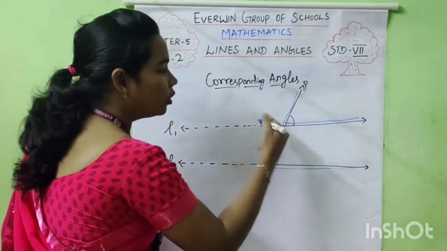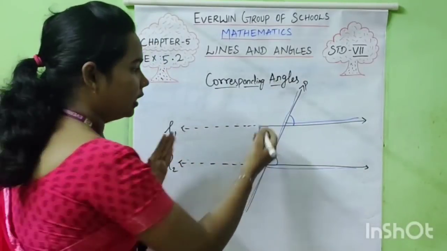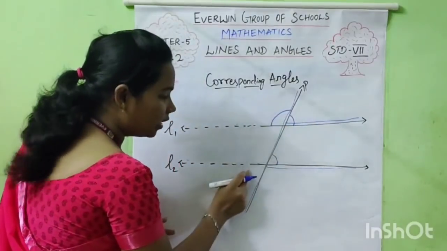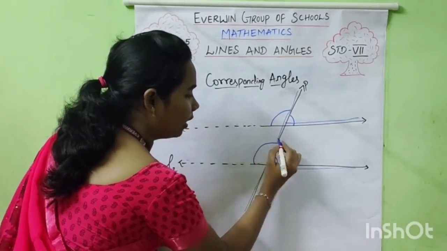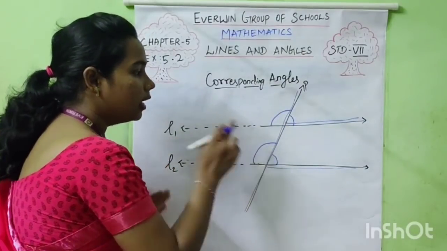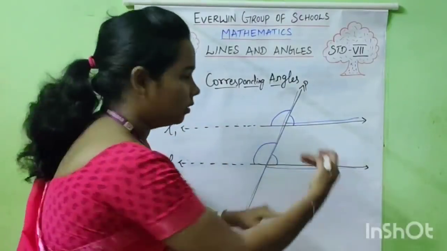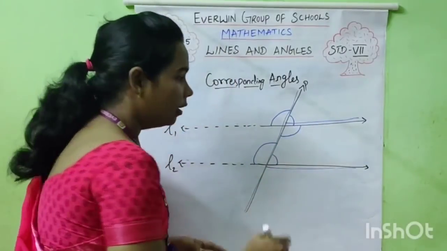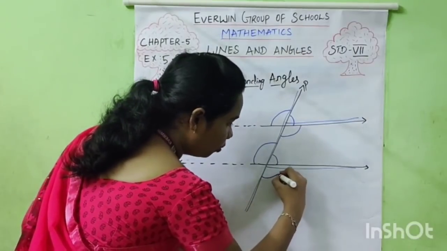See, the same with top left. For top left also it will make one angle at this line, and also at this line. So these two angles are corresponding angles. Next, down right. At down right also it will make one angle, and at this line also down right.